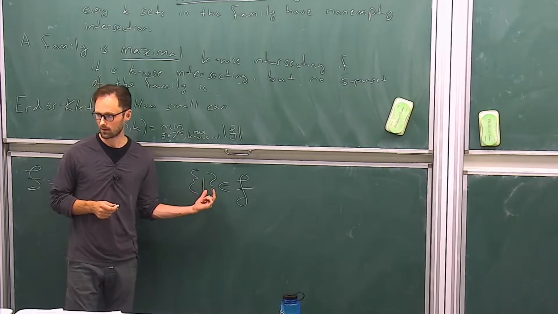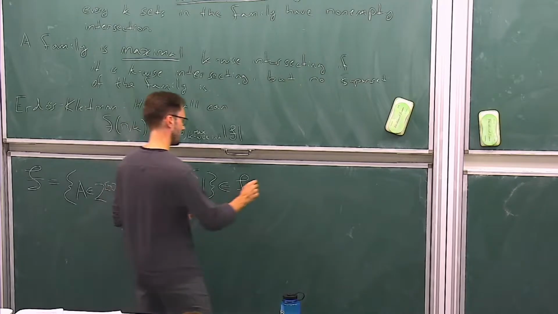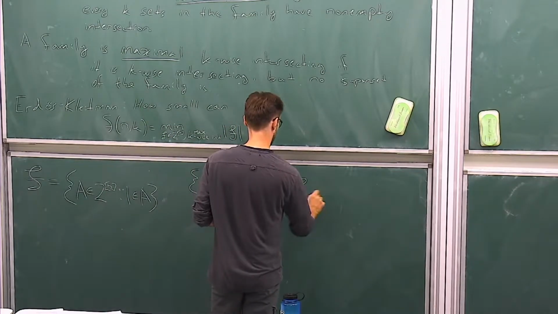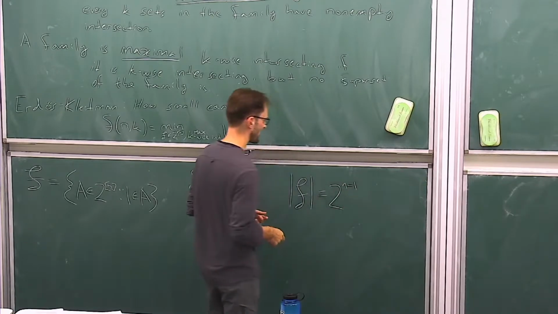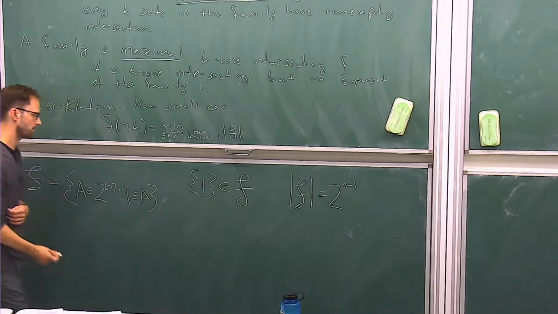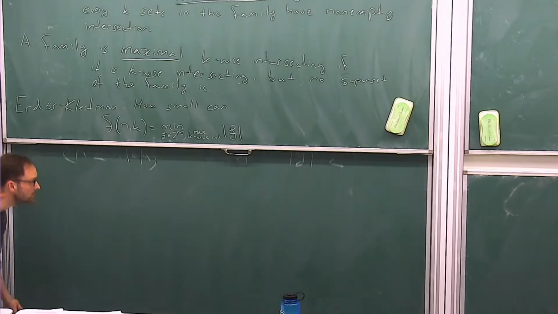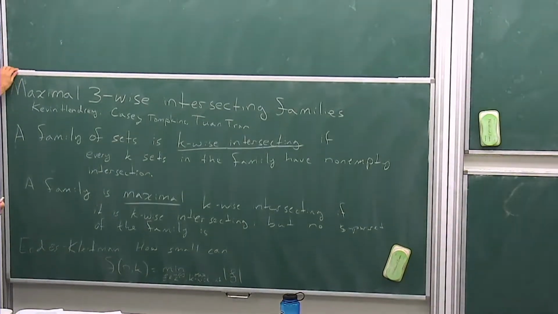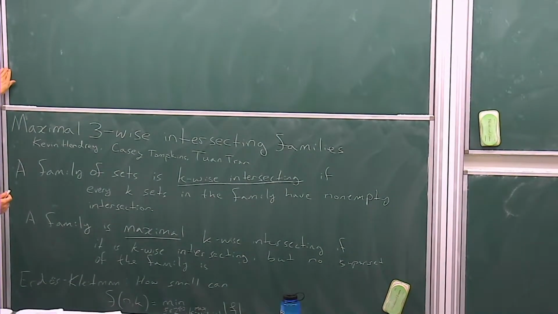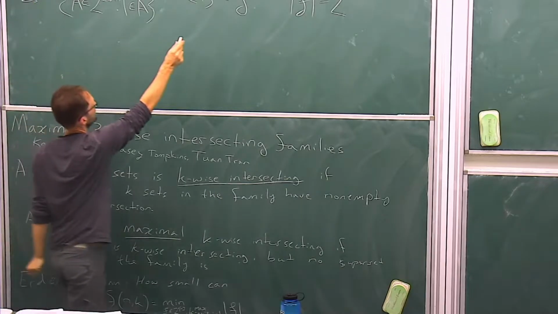And the size of F is 2 to the n minus 1, so exactly half of the sets are in F. I call this F sub S for now.